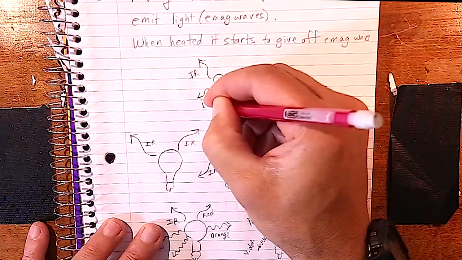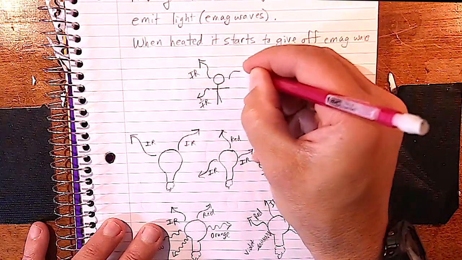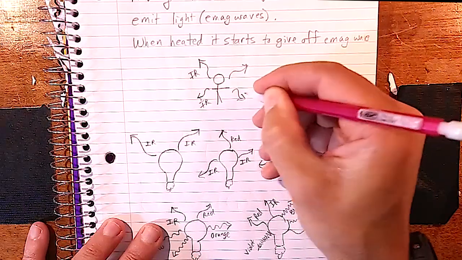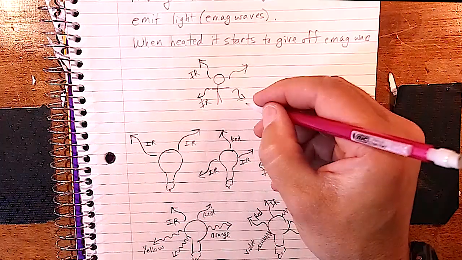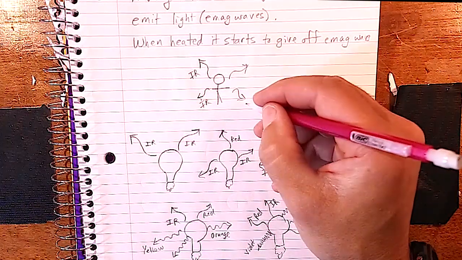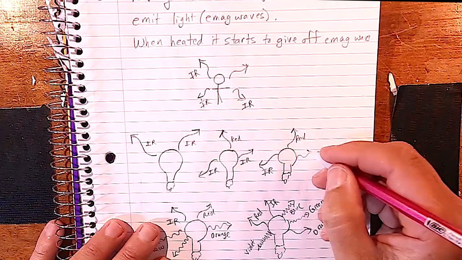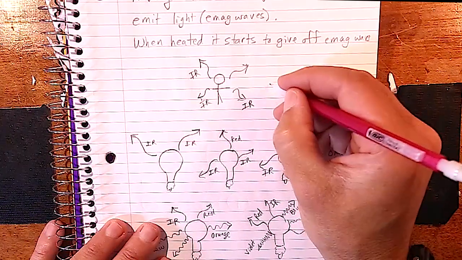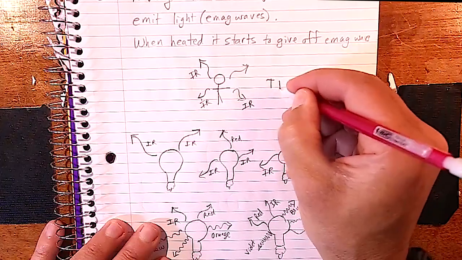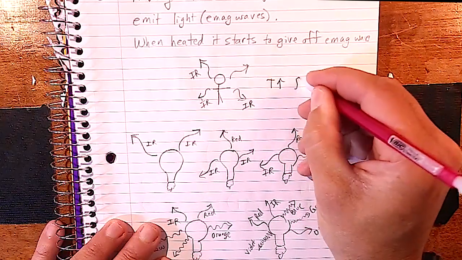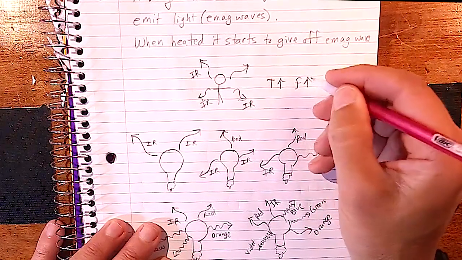So you can't see the heat. It's not red. It's not in the visible spectrum. But if you hold your hand near your ear, for example, you can actually feel the heat being reflected back. But as the temperature of the object goes up, the higher the frequency of the emitted waves.